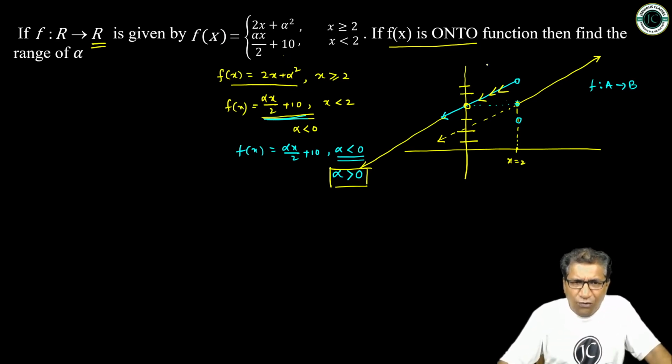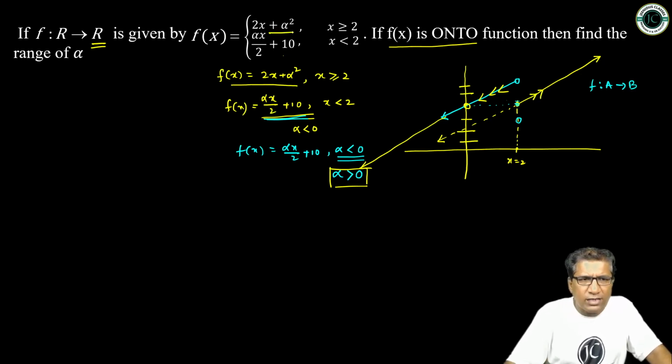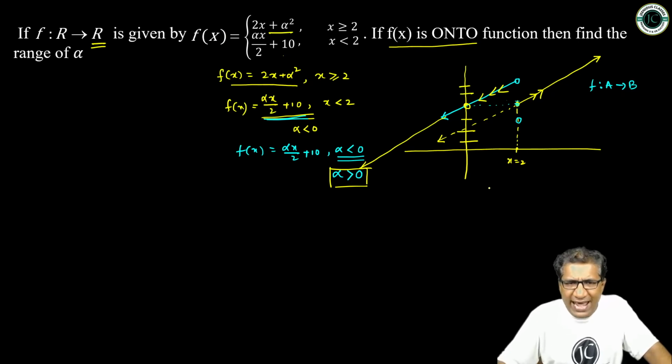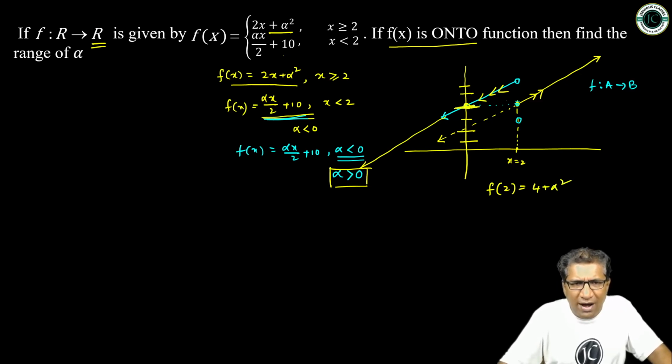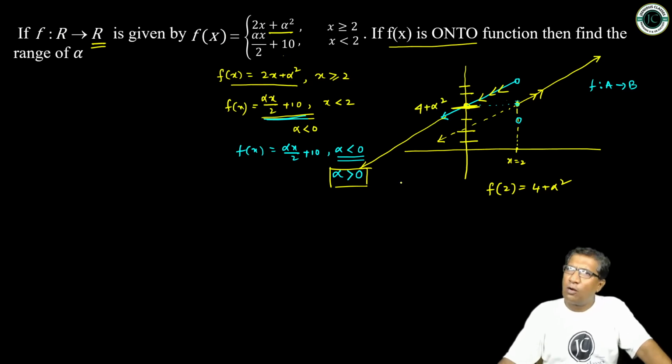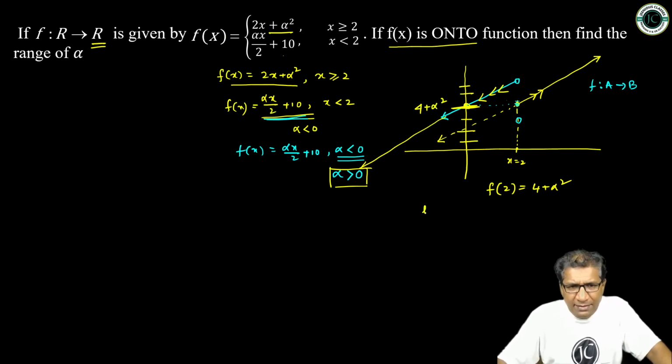Okay, now from here, can we say one thing that, see, this curve is what? This curve is 2x plus alpha squared. Now, when x is 2, then the value is 4 plus alpha squared. That is, the value of f(x) at this point is 4 plus alpha squared. Now, when x is approaching 2 from the negative direction, we can write this as 2 minus h, where h tends to 0.